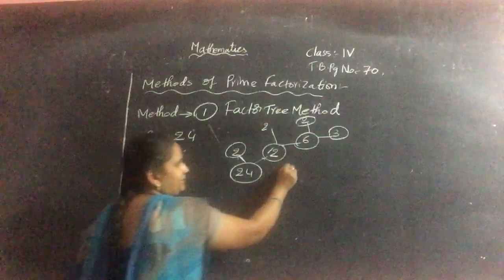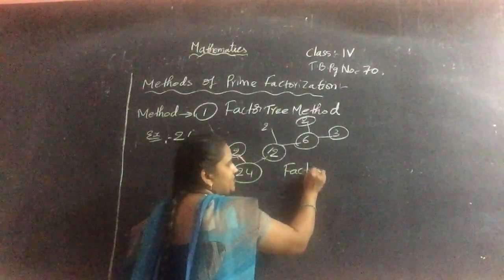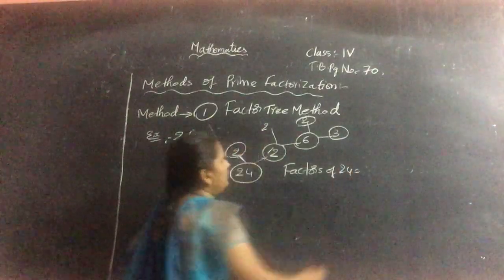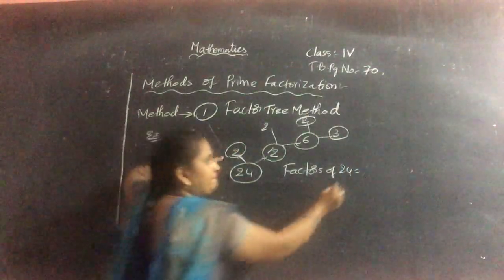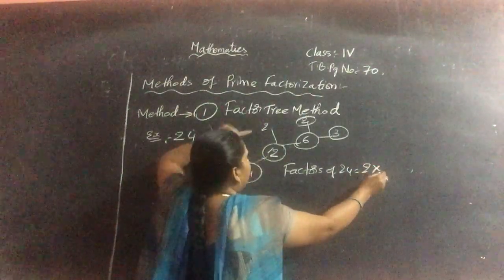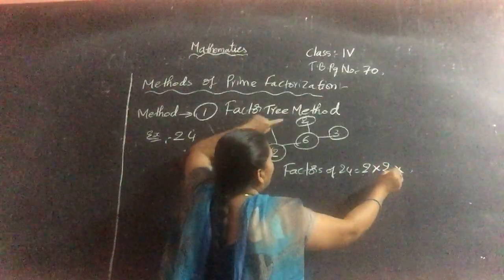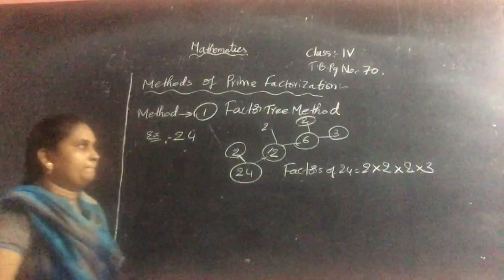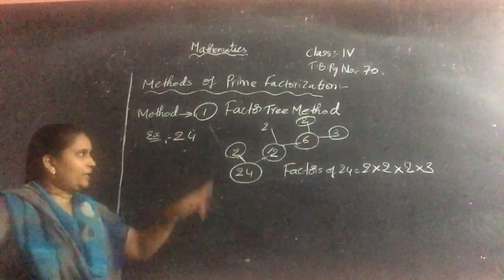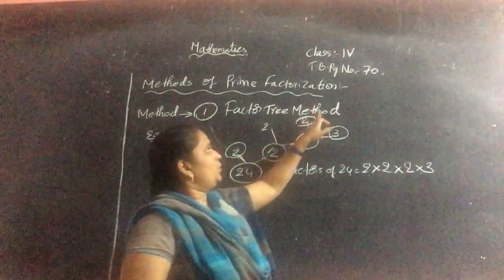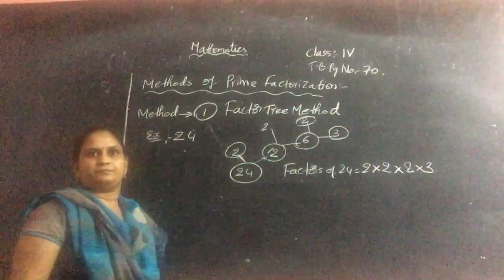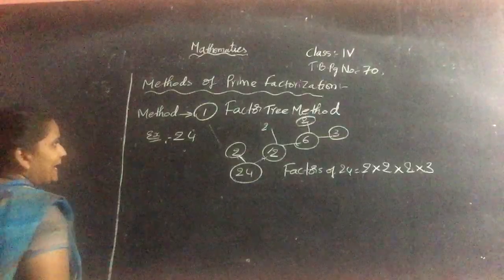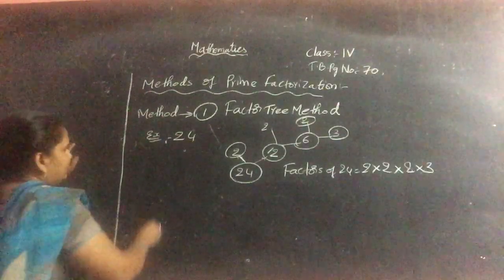So you can write factors of 24 is equal to 2 into 2 into 2 into 3. This is called as a prime factor tree method.